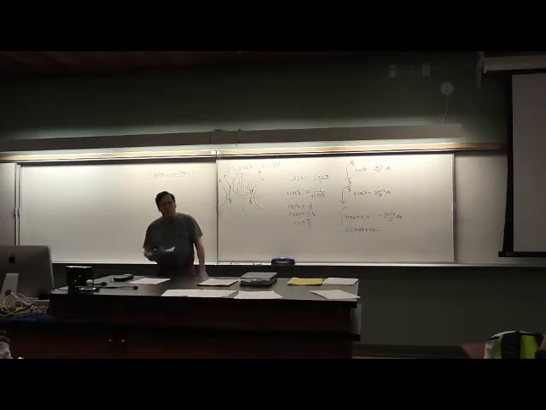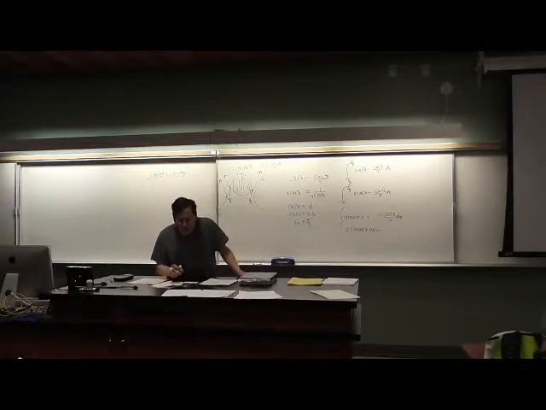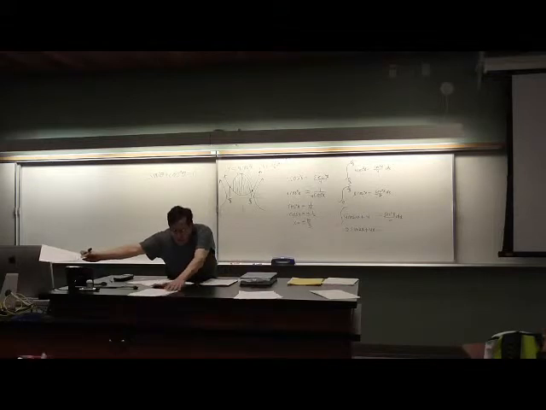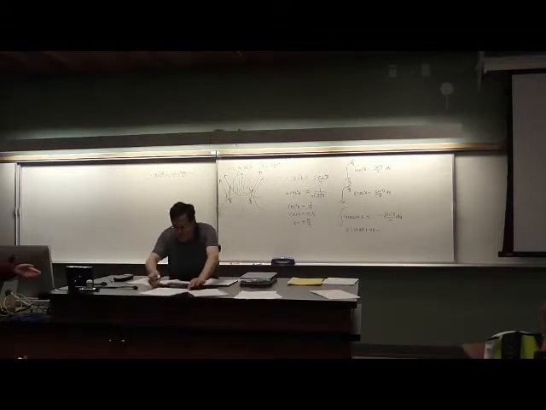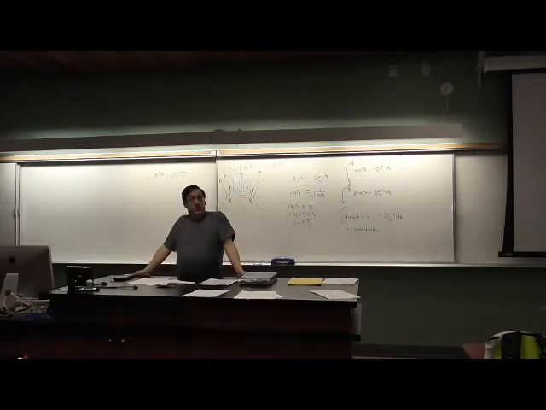Now the secant squared. What is the antiderivative of the secant squared? You must know this off the top of your head, because you must know what the derivative of the tangent is.